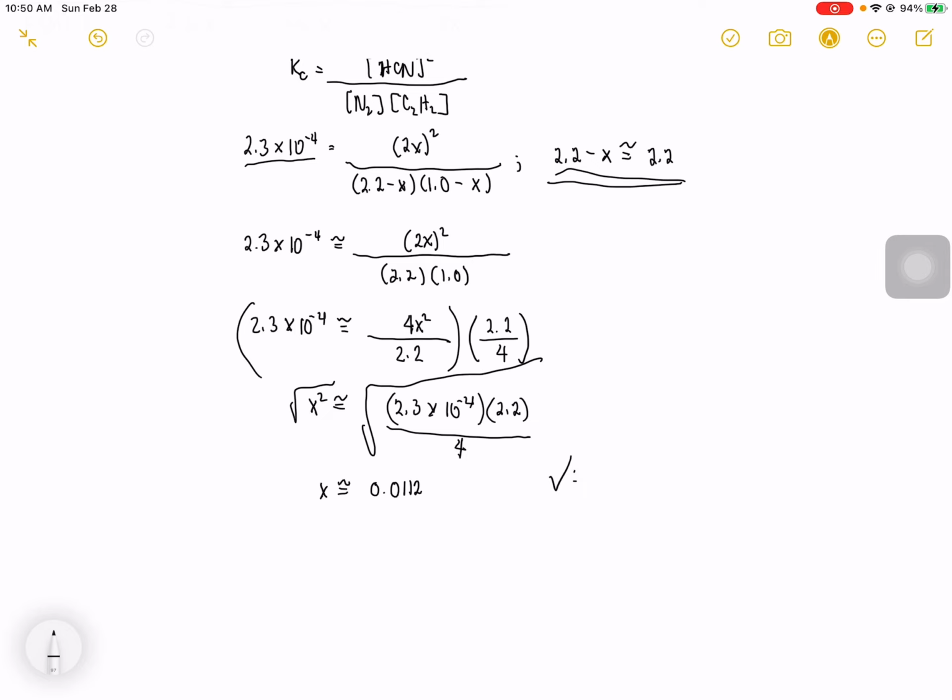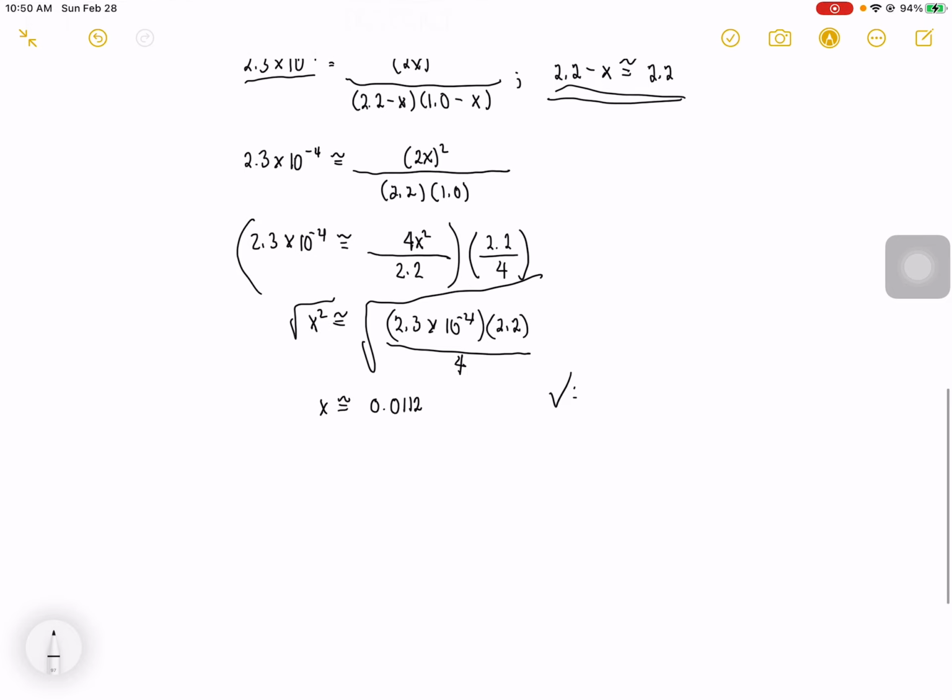Now x we've already computed is equal to 0.0112 approximately. So we then write 0.0112 divided by the initial concentration of 2.2 times 100%. Now doing that and plugging it all into the calculator, we should be able to get the percent error for this one.